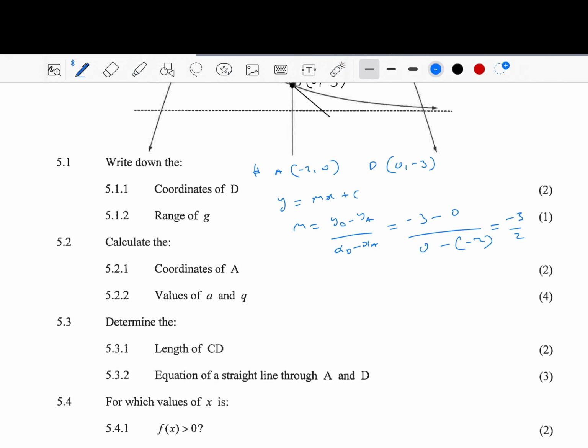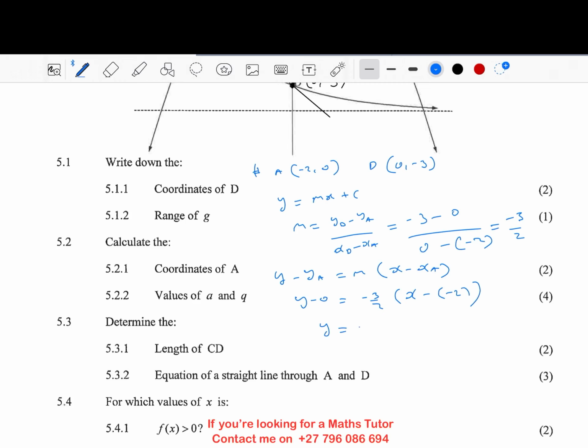And then from here, you can use this equation. You can just take A or D, it doesn't matter. I'm choosing the values of A. You can also choose the values of D if you want to. So what is the y value of A? The y value of A is 0. The gradient is -3 over 2. X minus the x value of A, which is -2.